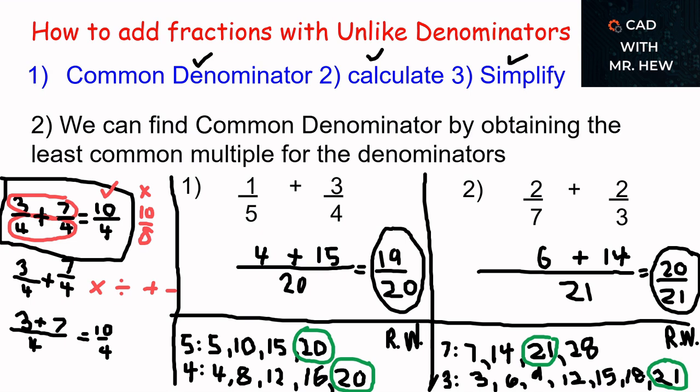So in today's lesson, we looked at how to add fractions with like denominators, like what is in this box here. And I showed you the two ways that you could do it.